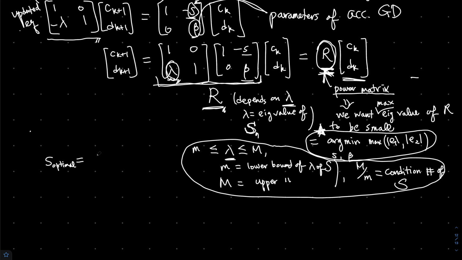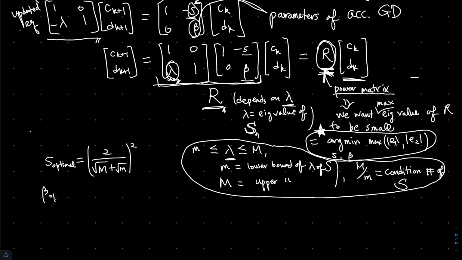So here, I'm omitting the process to obtain these values, but the S optimal can be found to be 2 over root of large M plus root of small m, squared.